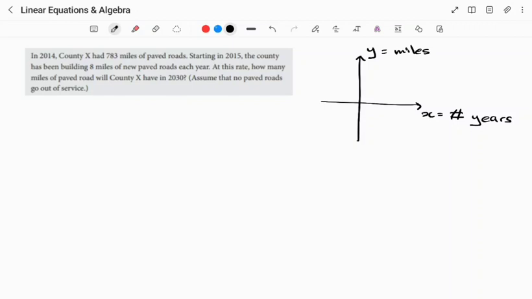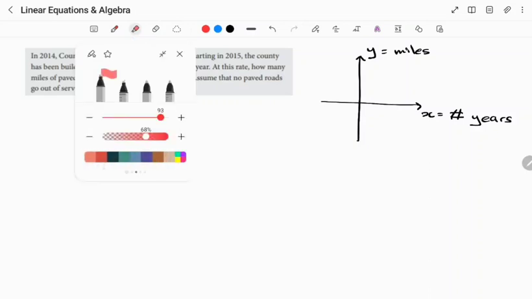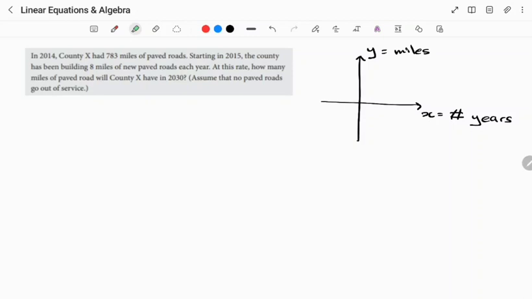So let's see what information is important in this problem that we're given. There's a couple of different things. First, in 2014, they started with 783 miles. That is too thick.